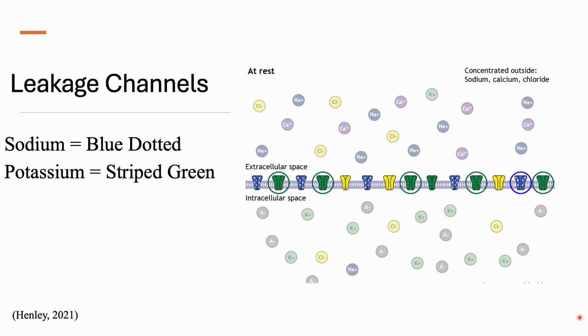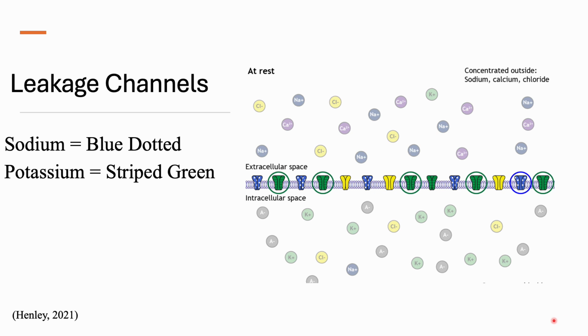If only the non-gated potassium channels were open, then the membrane potential would reach potassium's equilibrium potential, because as you see, there are so many more potassium striped green ion channels.